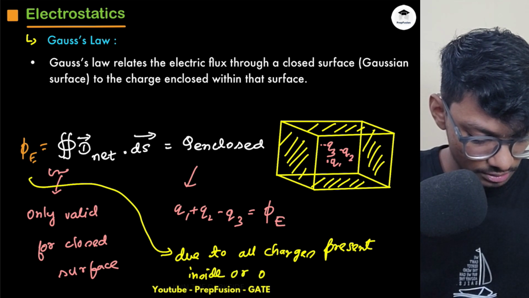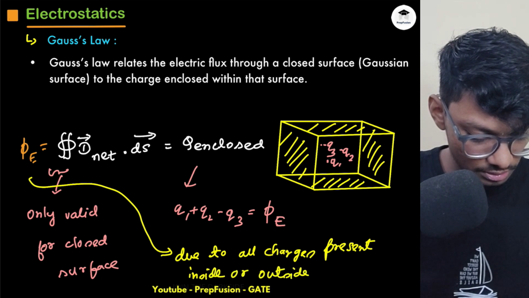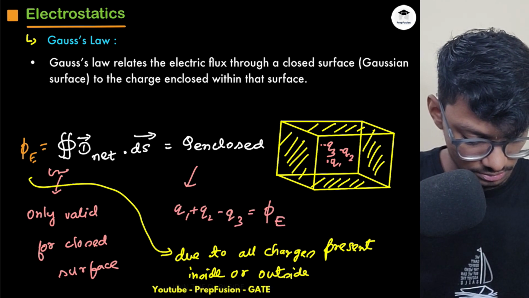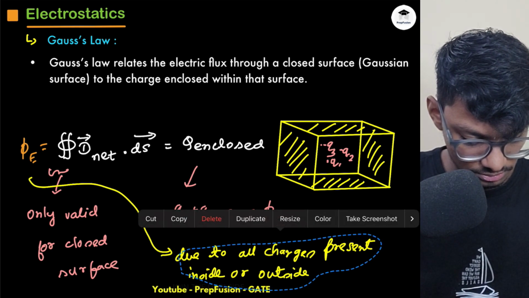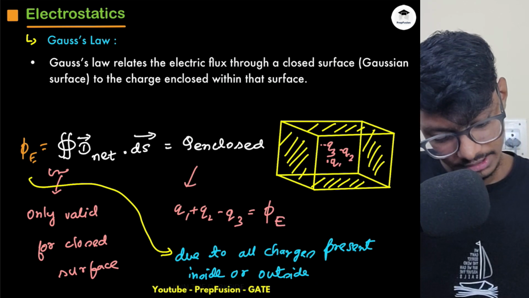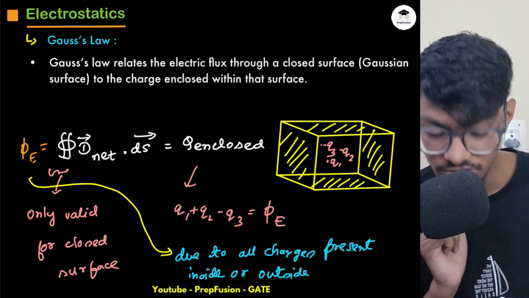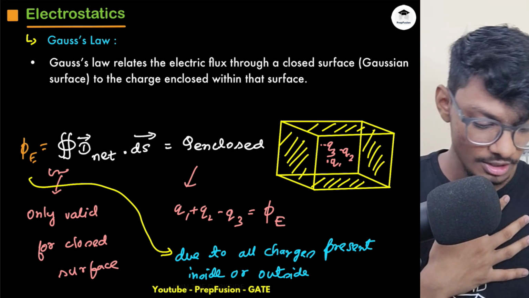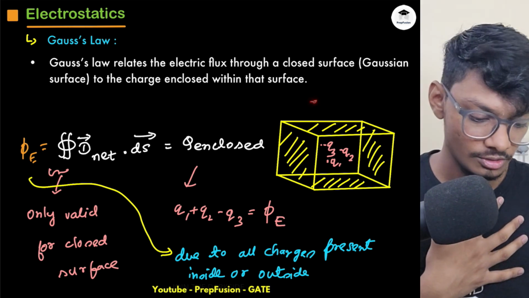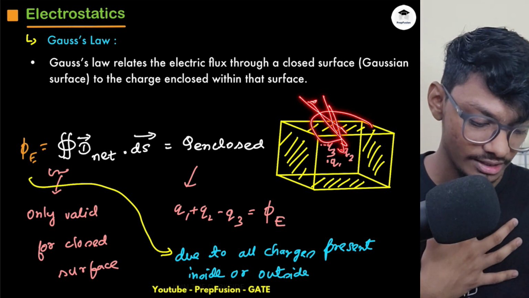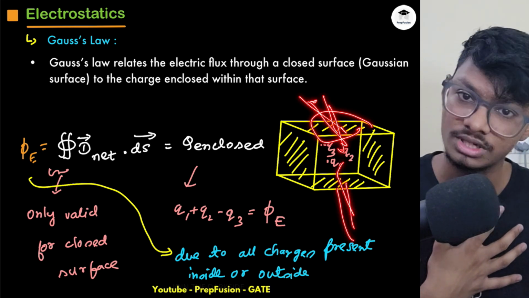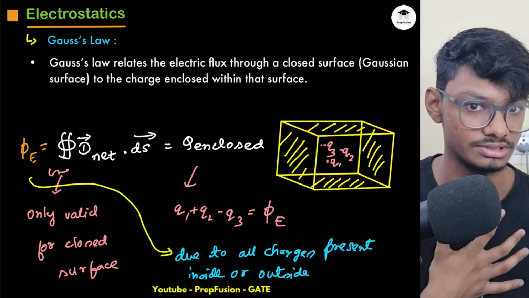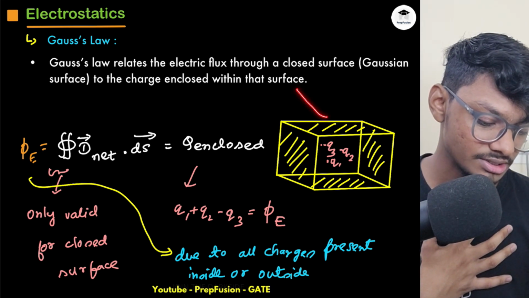Let us understand intuitively why this is the case. If a charge is present here, whatever amount of flux goes into the surface, the same flux actually goes out. None of it is stored in the surface. So whatever comes in goes out.